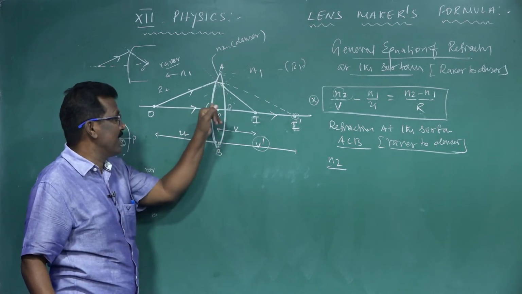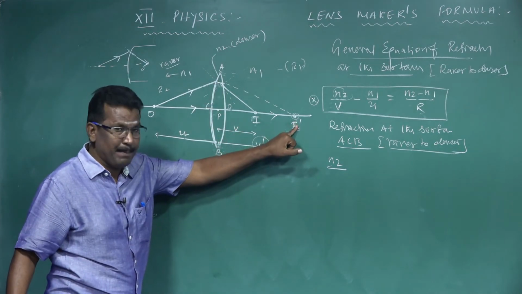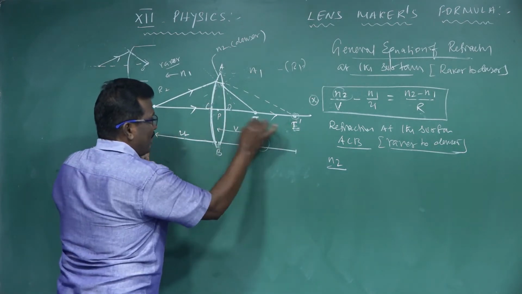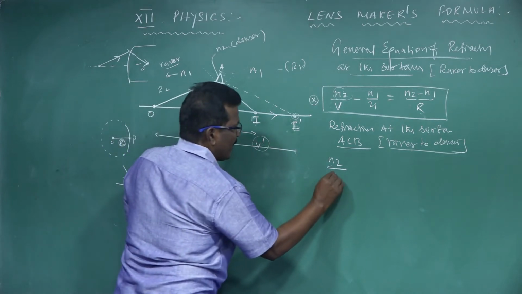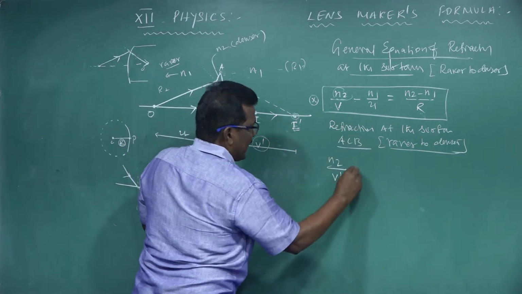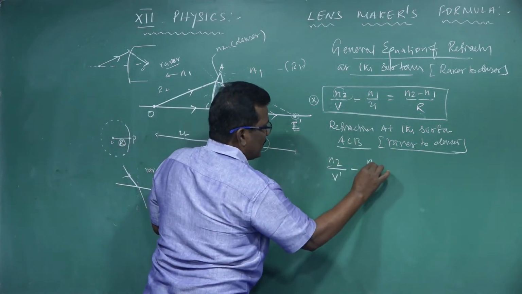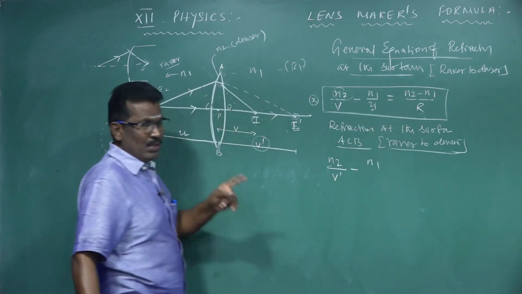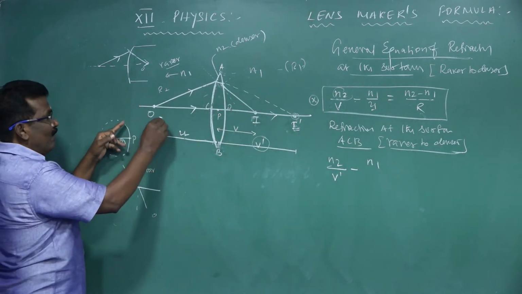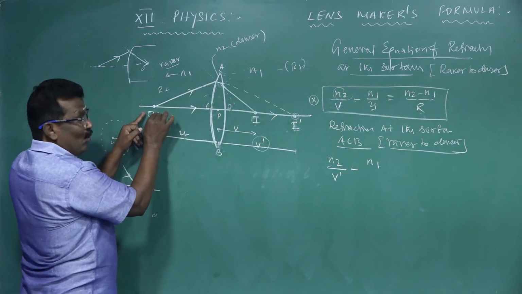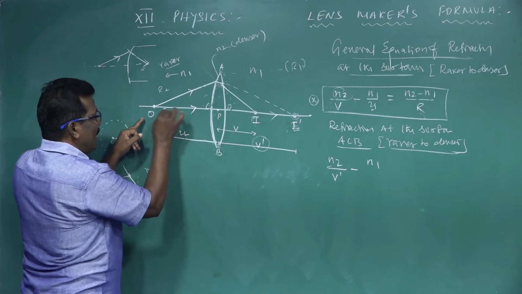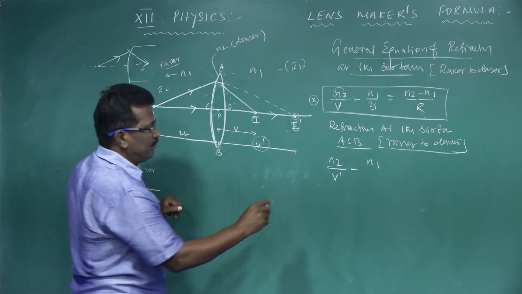So the distance between the pole and I prime is V prime. U is the object distance, the distance between P and O.